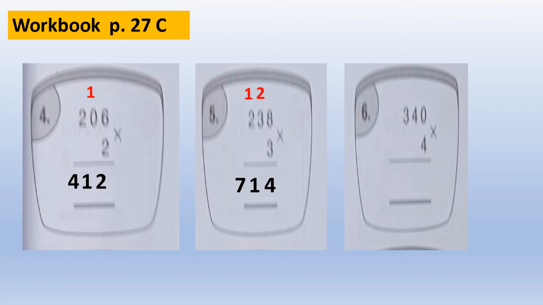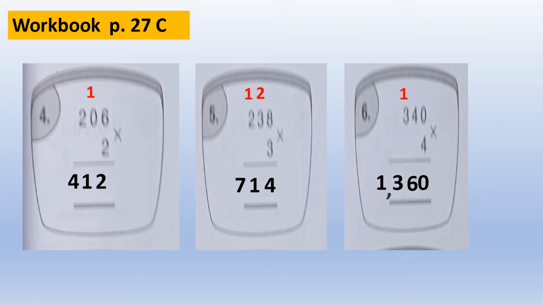Now number 6. Okay, let us read the problem first. 340 times 4. Okay, multiply the first digit. 0 times 4 is 0. And then the next one, 4 times 4 is 16, but you write only 6. And then carry over 1. 3 times 4 is 12, plus 1 is 13.